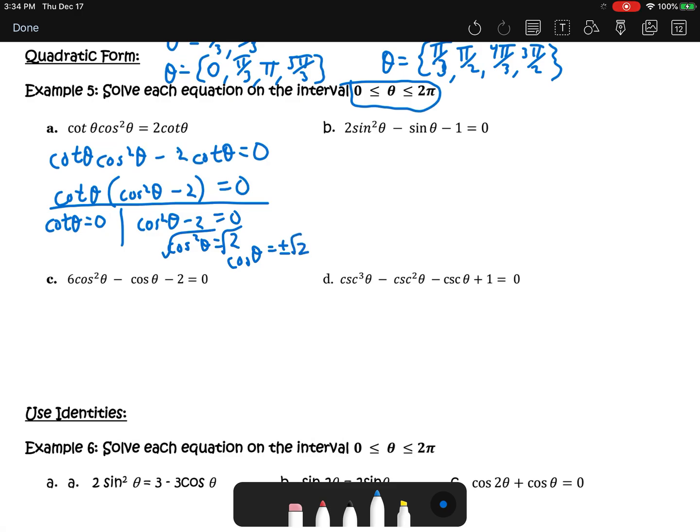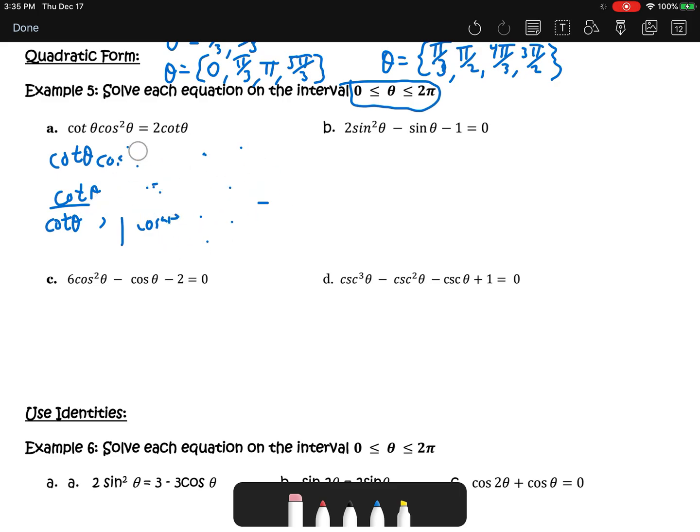But our cosine is never radical 2. So when we take the inverse cosine, we'd have to use our calculator. I don't like this method either. So let's see if we can clean this up a little bit. Honestly, I think that's the only way to do it. We're going to skip that one. Let's look at B.